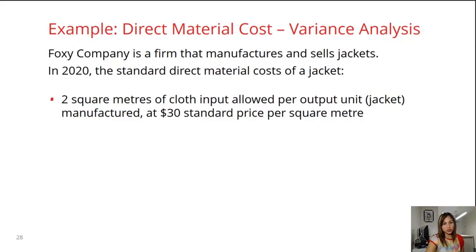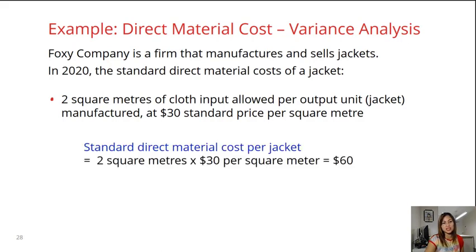This year, in 2020, the standard direct material cost of a jacket is, to manufacture one jacket, you need 2 square meters of cloth input, and it costs you $30 standard price per square meter, which means the standard cost for direct material is equal to 2 square meters times $30 per square meter. It costs you $60 for standard direct material cost to manufacture one jacket.